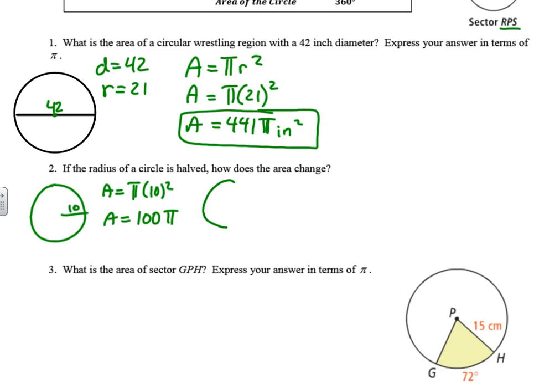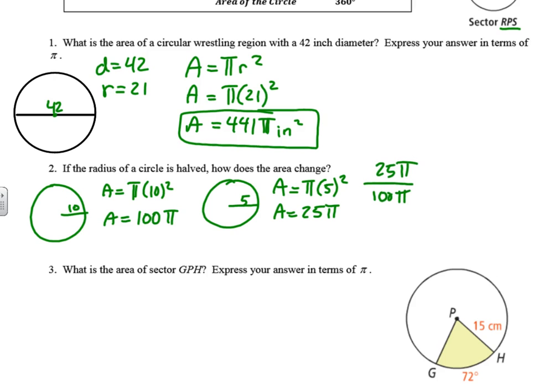If we took that radius in half, let's say it was 5, the area would be pi times 5 squared, which is 25 pi. How do those compare? 25 pi over 100 pi is 1/4. So if the radius is half, the area is 1/4.